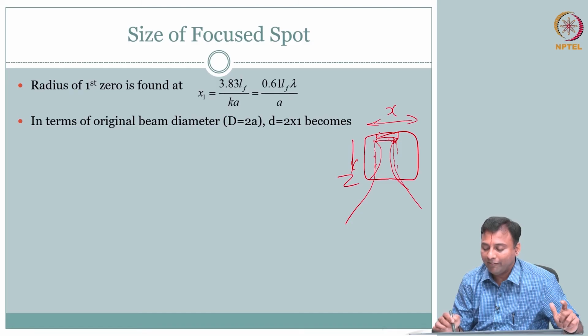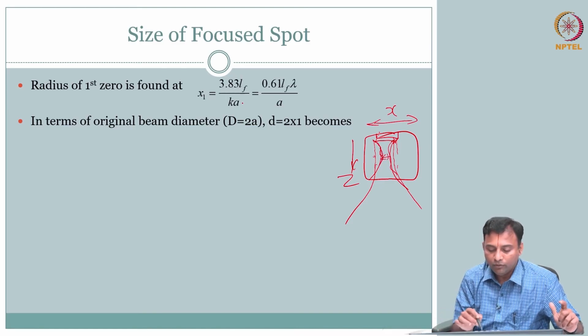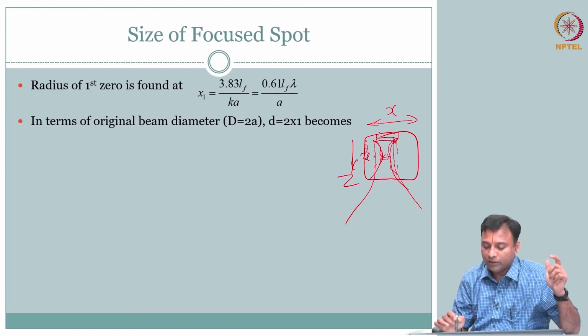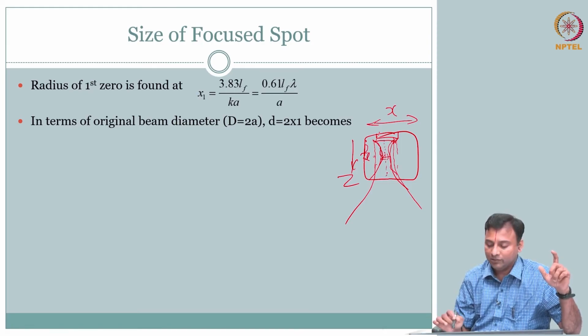So what we did is we have a lens now which is trying to reduce the width as small as possible. At F_L we will have the shortest width, which will be D. Because of the geometry, x1 was only one direction, but here 2 times x1 is your width.